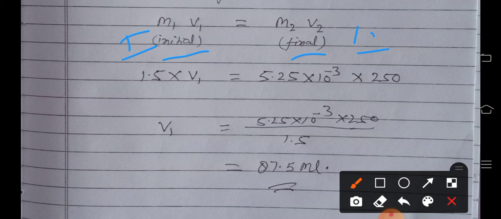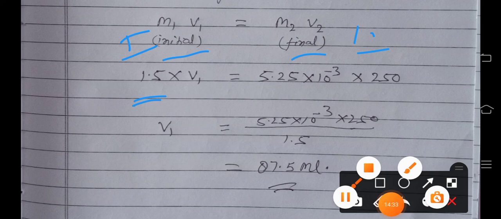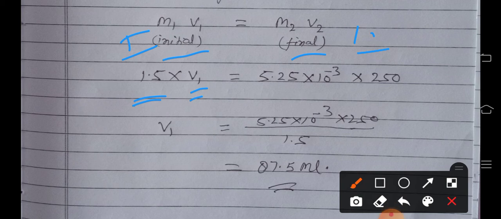M1 is given in this question as 0.015, V1 to calculate, M2 equals 5.25 into 10 power minus 3, V2 equals 250.